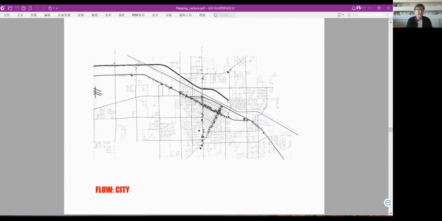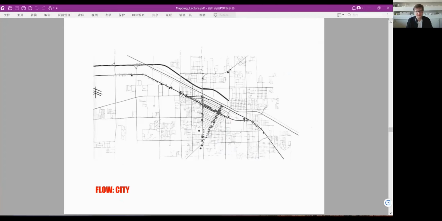Same in Las Vegas, but here, as you can imagine, a typical automobile-driven city, we focus on the car, not so much about the train. Because in this context, the car plays a major role, not only the car as a moving object, but also the car as a parking object.